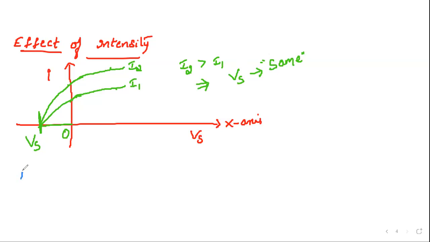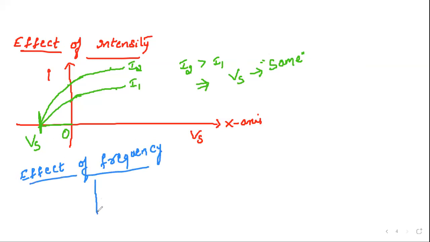In the same concept, let me analyze the effect of frequency. Let us take the stopping potential along the x-axis and the photoelectric current along the y-axis.